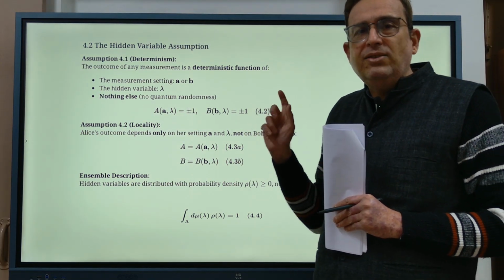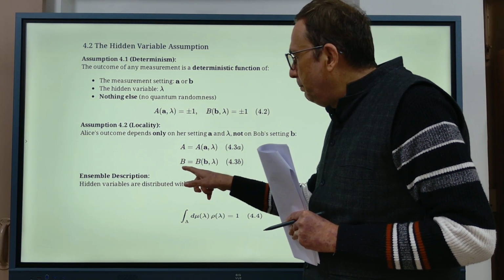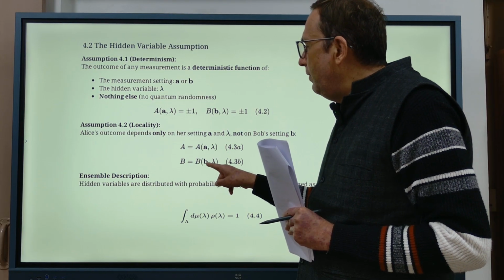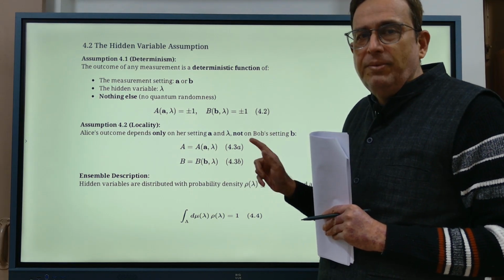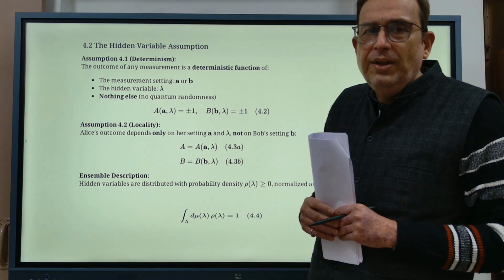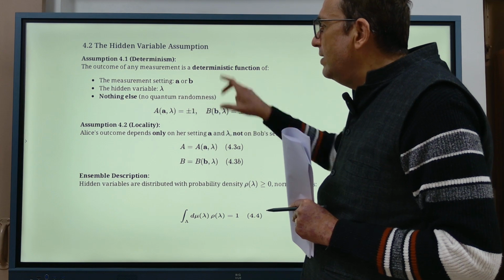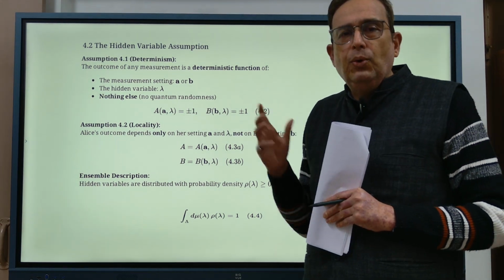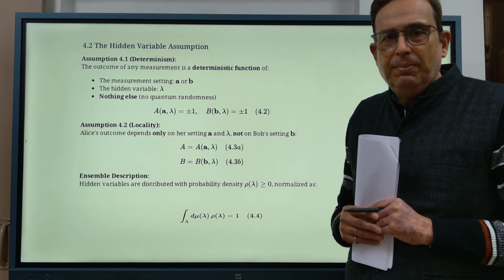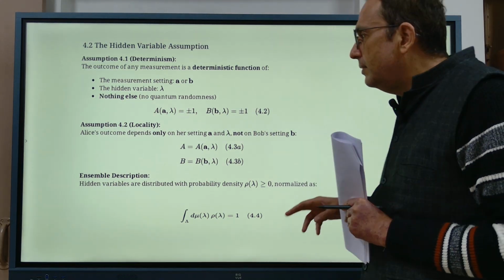Similarly, Bob's outcome is going to depend upon the settings of Bob, that is the direction b that he chooses, and the value of the hidden variable. So these are the two assumptions which would be included as the basic criteria for a hidden variable theory, which would make quantum mechanics deterministic.